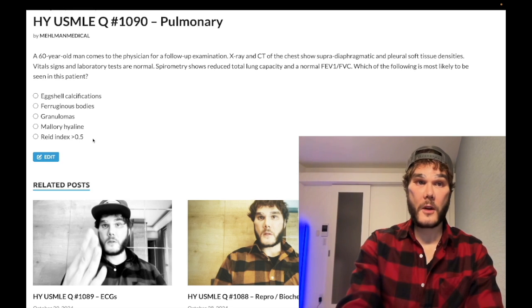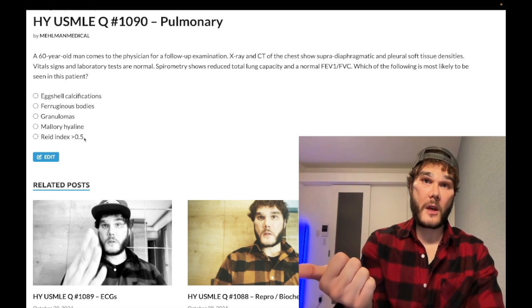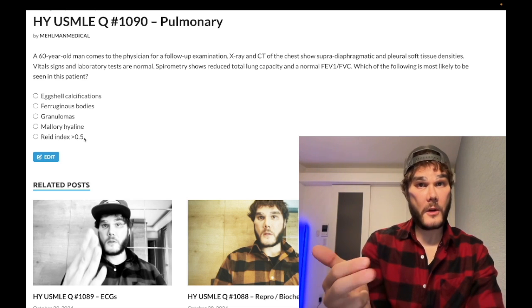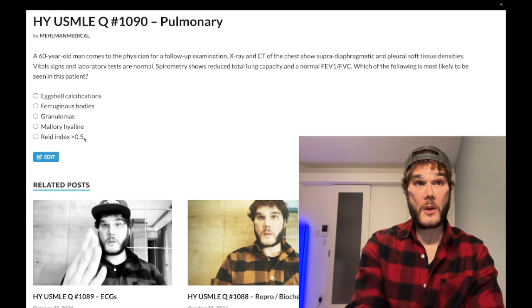So Reid index greater than 0.5, wrong answer for COPD, specifically chronic bronchitis. Okay, so chronic bronchitis, Reid index is measuring the thickness of the mucosal layer in relation to the entire thickness of the airway. And greater than 0.5 in chronic bronchitis, because chronic bronchitis is when you have a productive cough greater than 3 months in the year for at least 2 consecutive years, and you have copious mucus production.